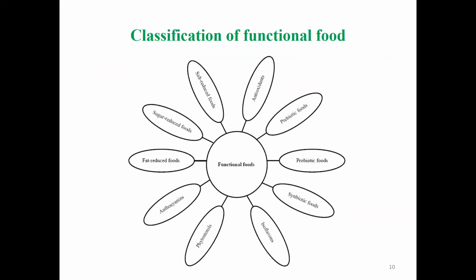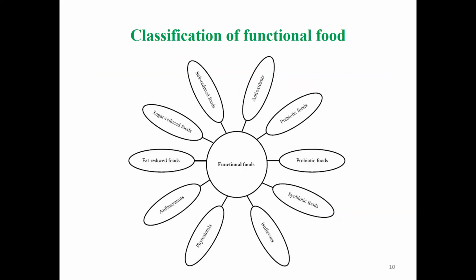So coming to the classification of functional food. Previously we talked about the classification of nutraceuticals. So here it's the classification of functional foods. As you all know, by reading itself we can identify what exactly it does.